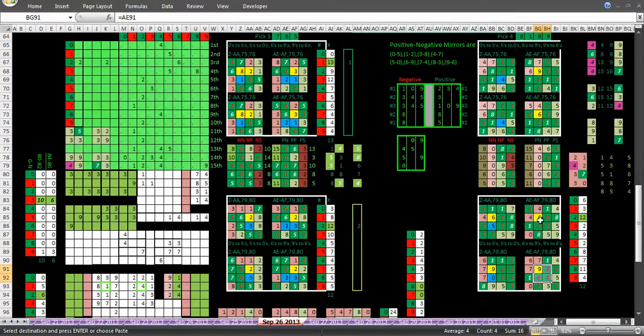This is the same numbers as these, only when a 0 or a 5 shows up, or a 6 or a 9, it spits out its positive or negative opposite. So you've got your 6 and your 9. You can see the same pattern.